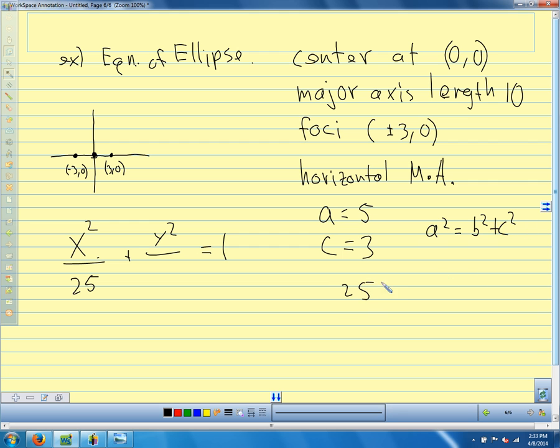So 25 equals b squared plus 9. So b squared equals 16 and b equals 4. Plug that in here and I get 16. And there's my equation. Working with ellipses is almost like filling in the blanks. Plugging in whatever numbers we need, we just plug them into the right place.